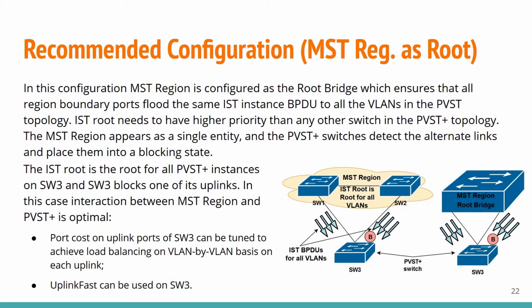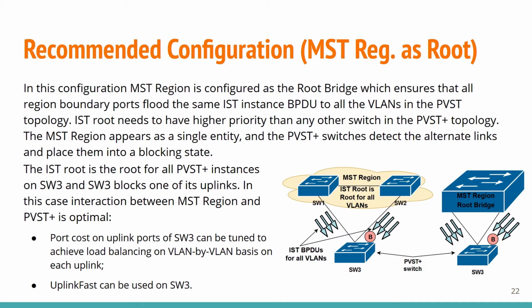Let's review the recommended configuration for interoperability between MST and, for example, PVST plus switches. In this configuration, the MST region is configured as the root bridge, which ensures that all region boundary ports flood the same IST instance BPDU to all the VLANs in the PVST topology.